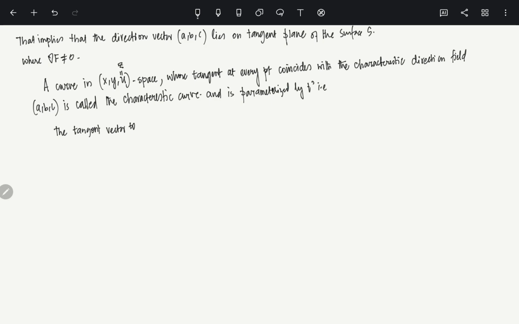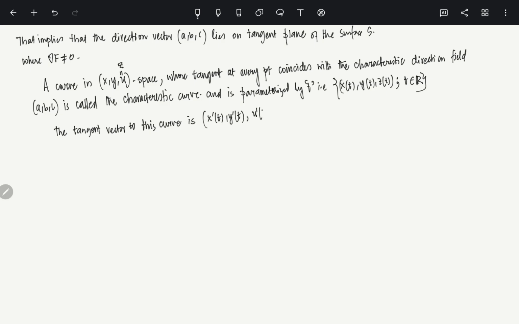That is how you write it: x of t, y of t, z of t, and t is in R. Now you see the tangent vector to this curve C is given by x prime of t, y prime of t, and u prime of t.